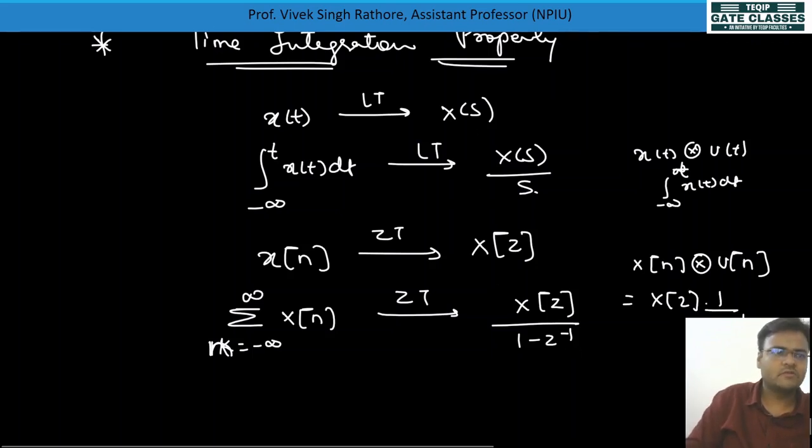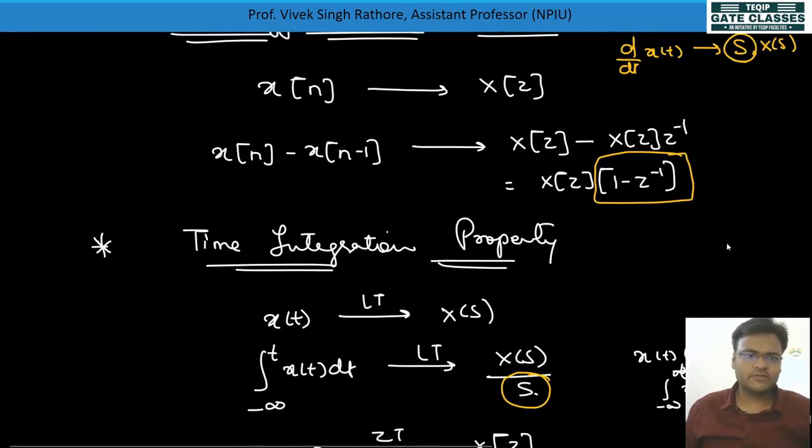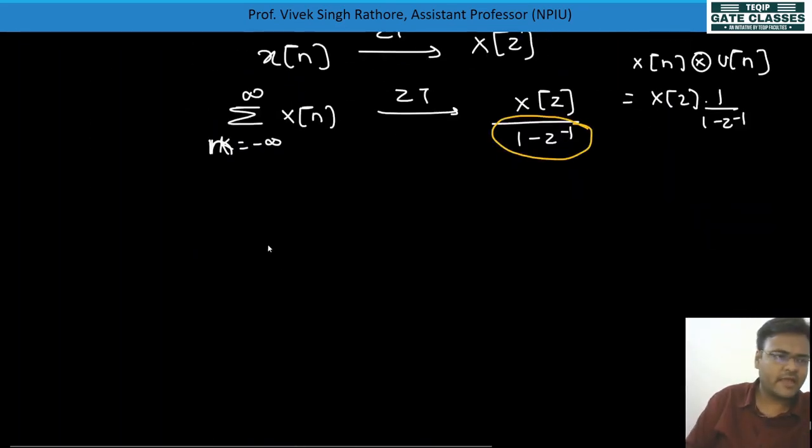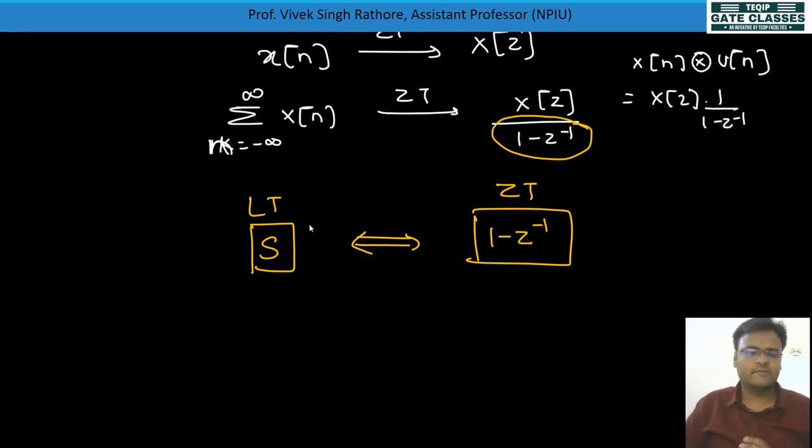You can see the similarity again: if you take integration, you get the common term 1 by s in Laplace, and 1 by 1 minus z inverse here. So from both equations you can see that the s term in Laplace transform is equivalent to 1 minus z inverse in the Z transform.